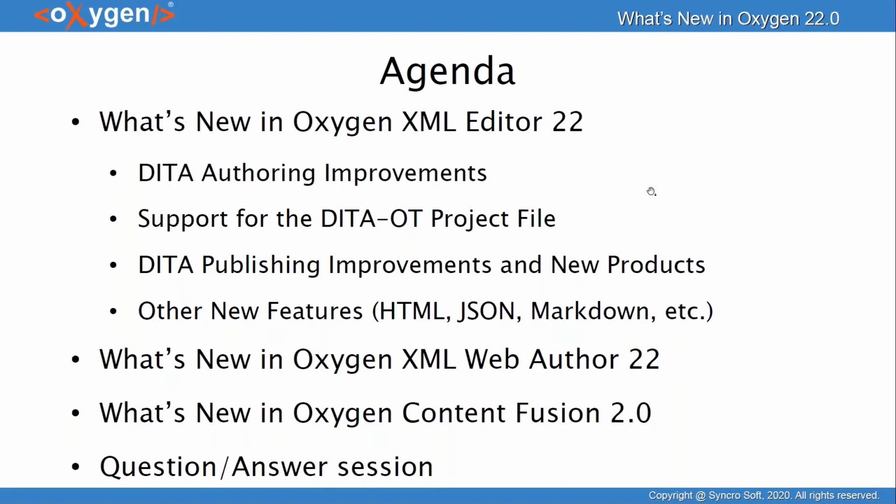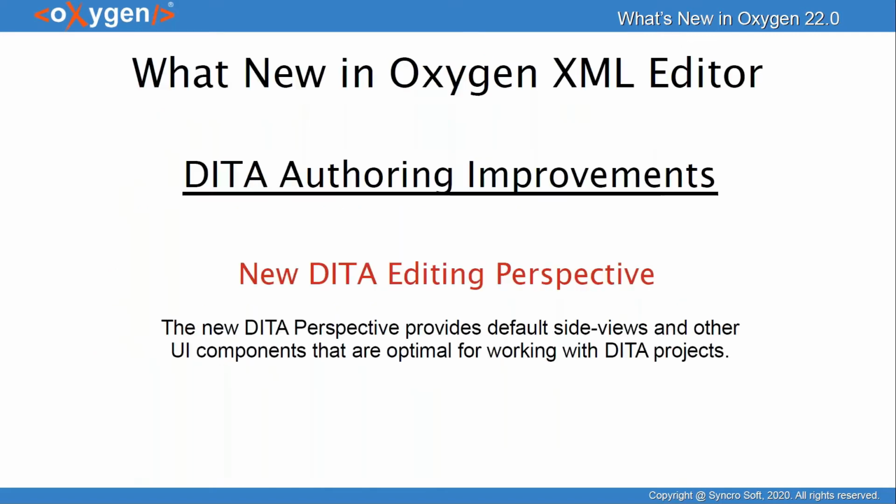I'll talk about some new products for DITA Publishing, and then other new features for HTML, JSON, Markdown, and more. And then I'll show you highlights of what's new in our two web-based products, Oxygen XML Web Author and Oxygen Content Fusion. And then, as George mentioned, at the end we'll have a session where George answers questions that were asked throughout the webinar. So let's get started.